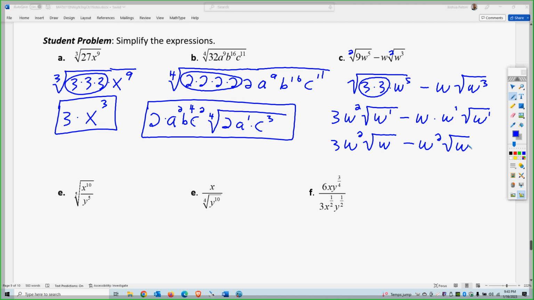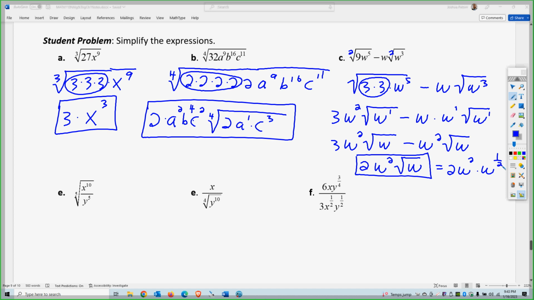So what do I really have? I have 3w squared minus 1w squared is 2w squared square root of w. And you can actually rewrite this problem again if you wanted to. Because the reality is, what is this really? This is 2w squared times w to the 1/2. Right?